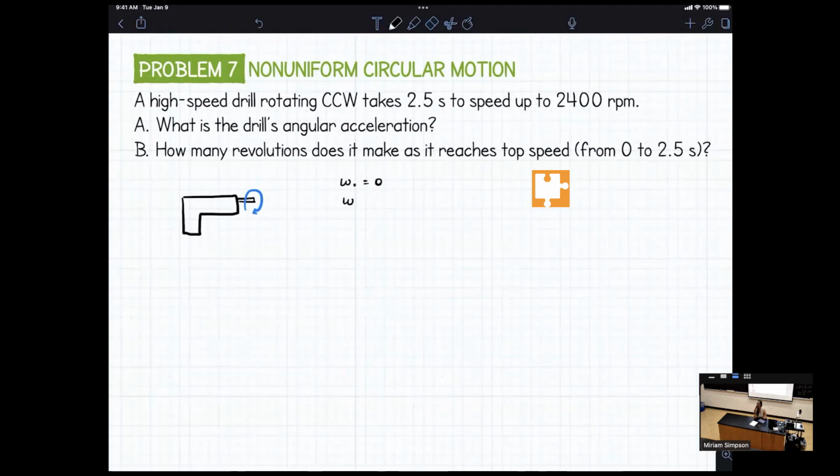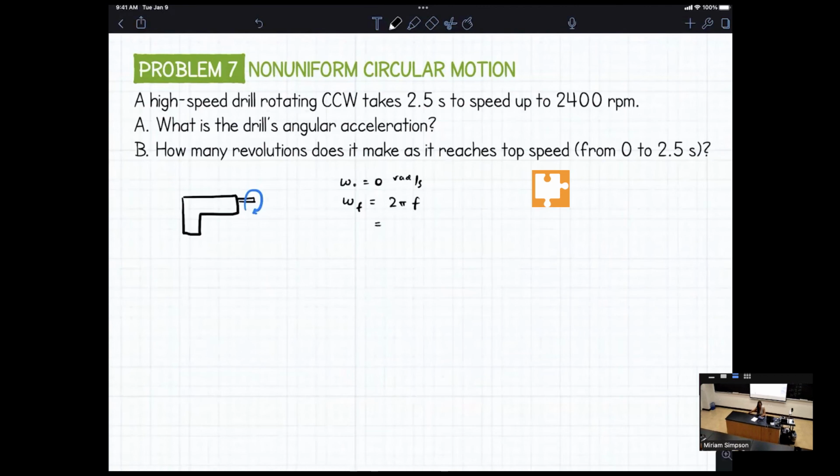So that's our initial speed. That's in radians per second. But we can calculate our final angular speed. So this is going to be 2.5 seconds in 2,400 rotations per minute. So we want 2 pi times our frequency, right?